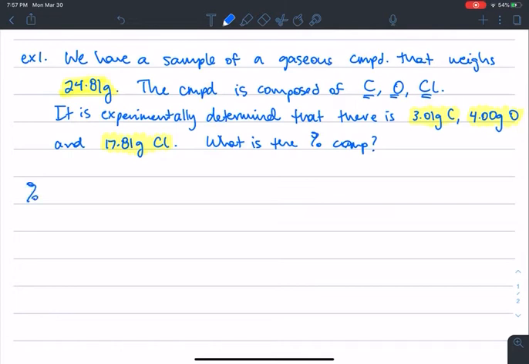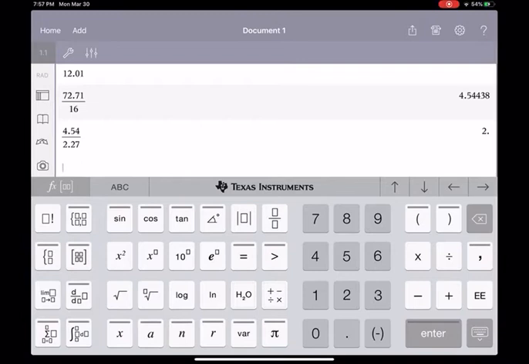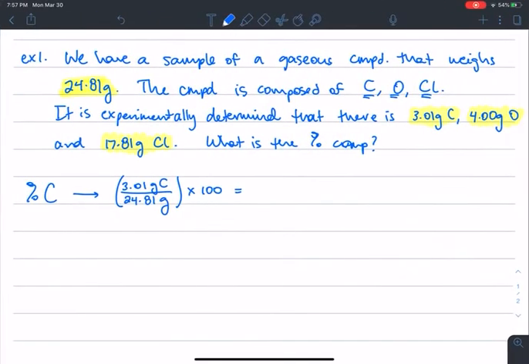So for carbon, we have 3.01 grams of carbon over the total weight, which is 24.81 grams, multiplied by 100. So that's 3.01 divided by 24.81, which ends up being 12.1%.